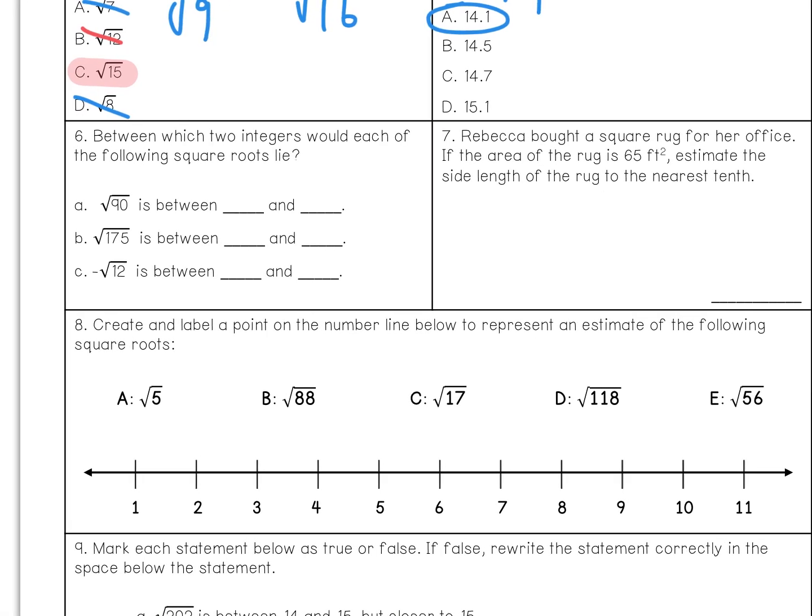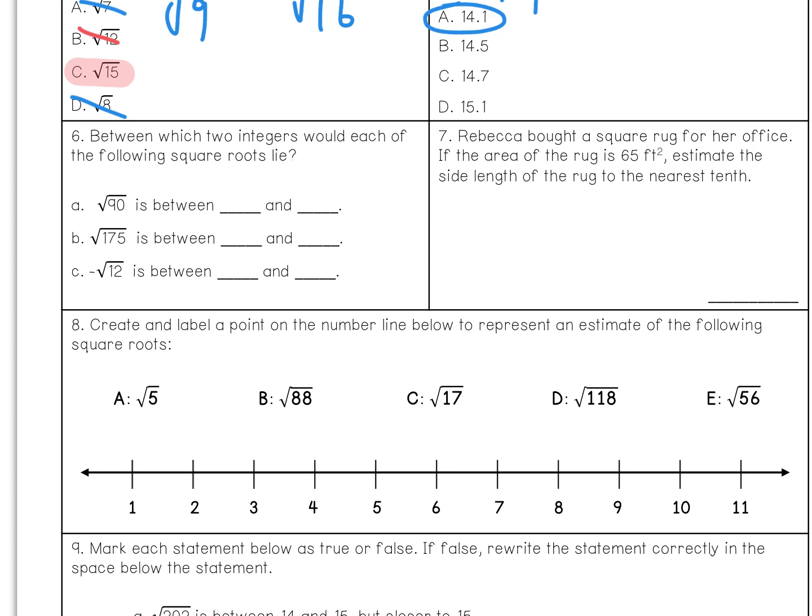When it's asking what it's between, do we put the square root? No, just give me the value. So like on A, it would be between 9 because 9 squared is 81 and 10 because 10 squared is 100.